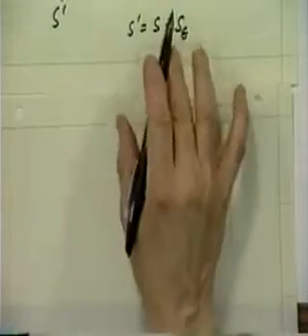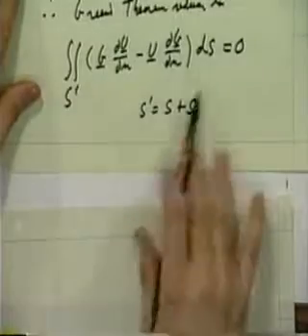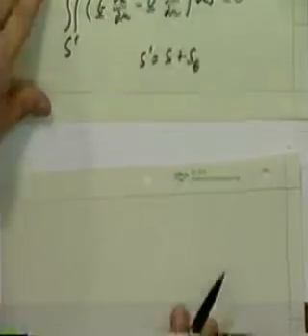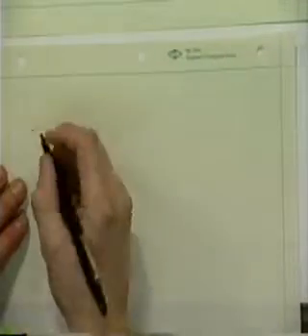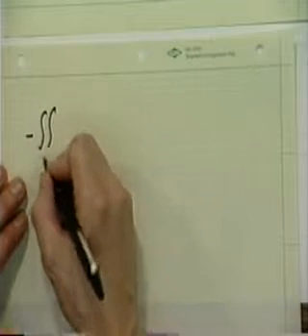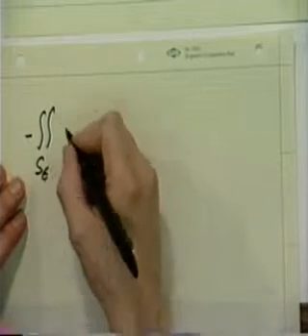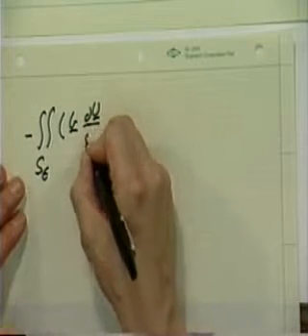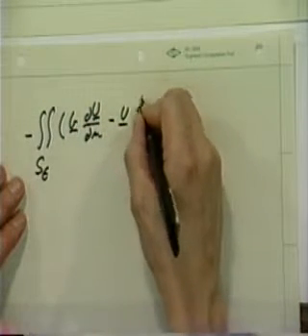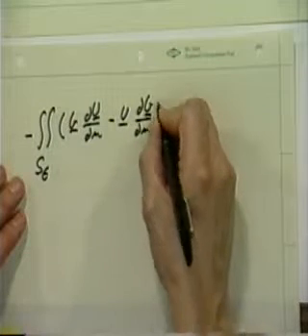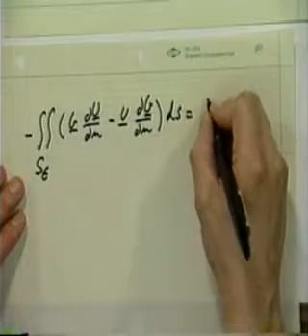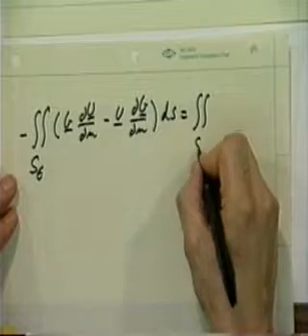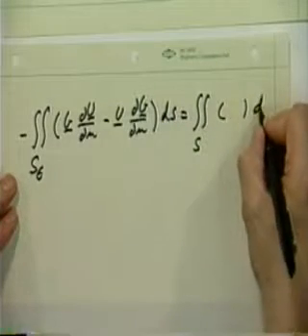Anyway, if this is true, then I can write here that minus the integral over S sub epsilon of G partial of U with respect to N minus U partial of G with respect to N dS is equal to the integral over S of the same mass.